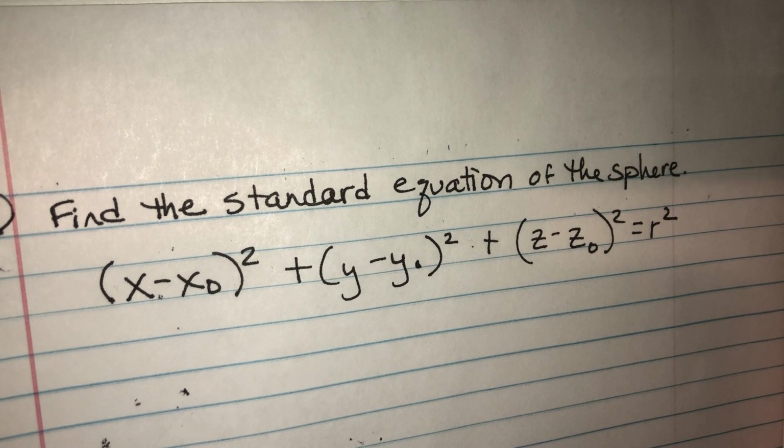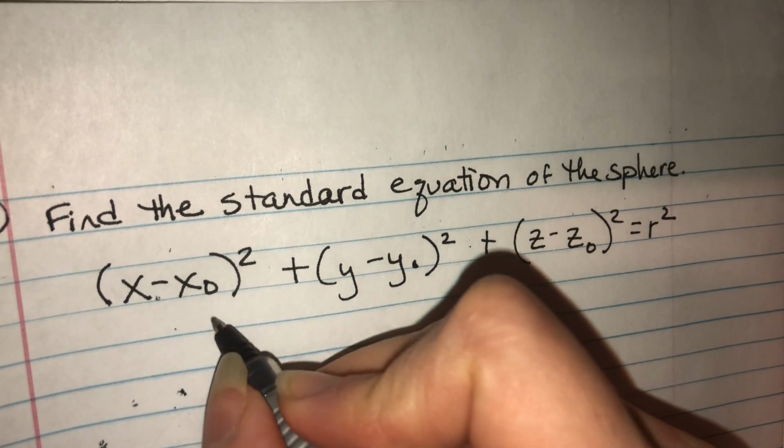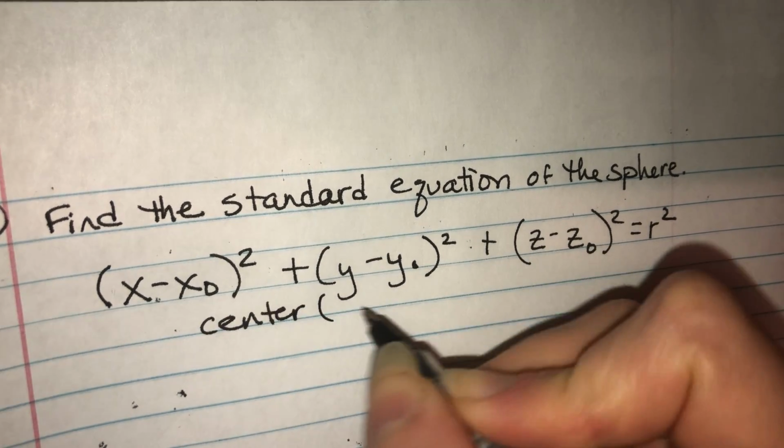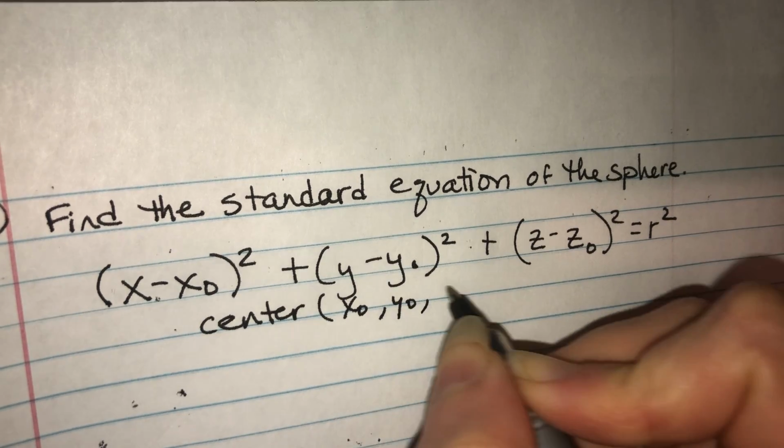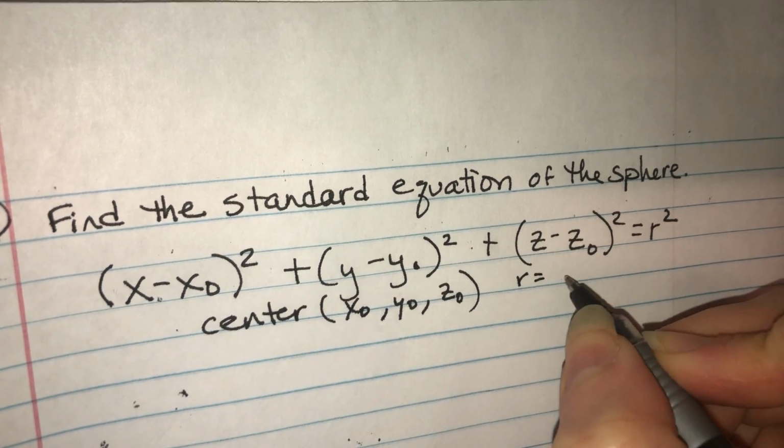It looks very much like the formula for a circle, except since we're in 3D, this is not going to be a circle, this is going to make a sphere. The center of the sphere will have coordinates x naught, y naught, z naught, and the radius is equal to r.